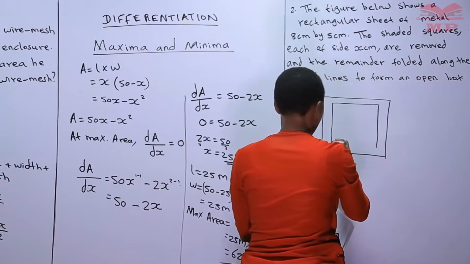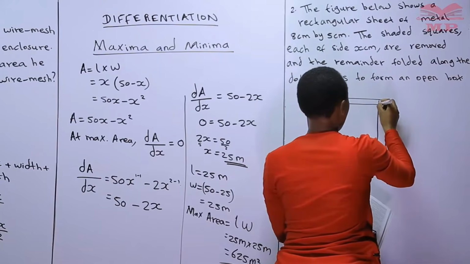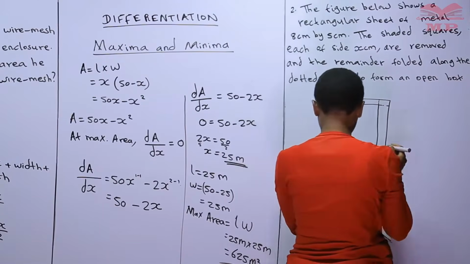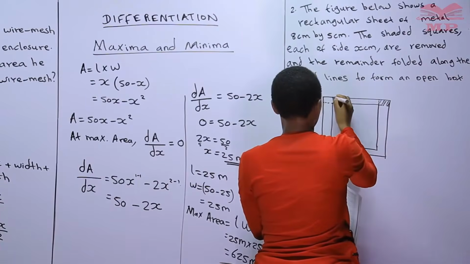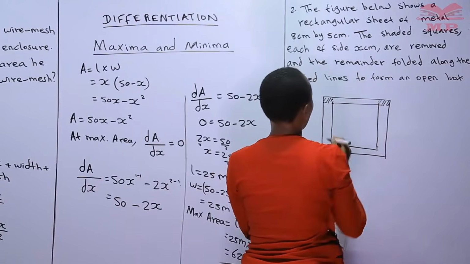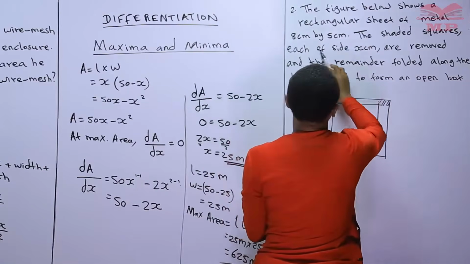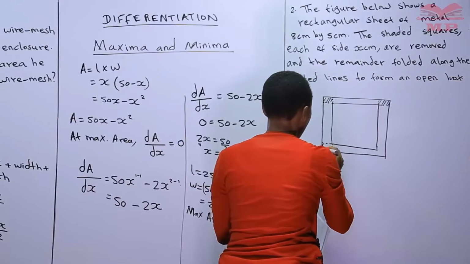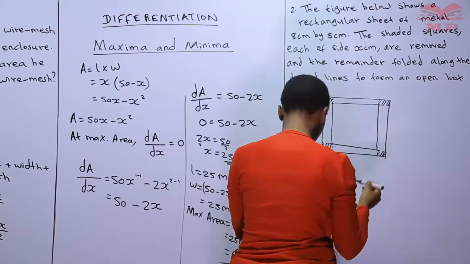Then we have squares being removed. So we have this one, and we have the other part there. These are the shaded squares, and we are told that their length, each side x centimeters, these have been removed, this one, and again we have the other one here.